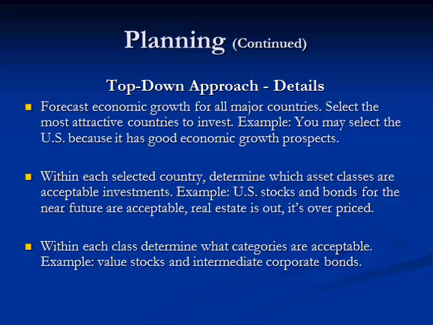Right now, it's generally not overpriced unless you go to specific markets in certain cities, but you might think it is. Then, within each asset class, determine what categories are acceptable. Maybe I want value stocks within stocks, and I want intermediate corporate bonds. Intermediate means that their maturity could range from 2 to 10 years.